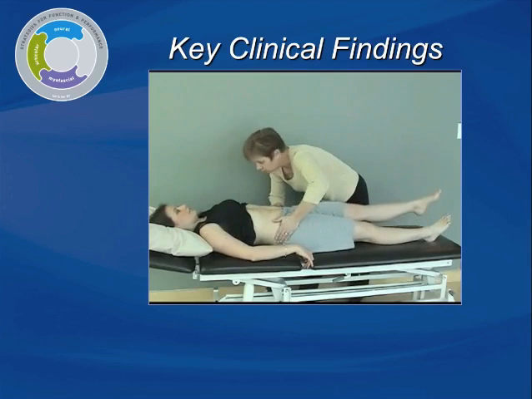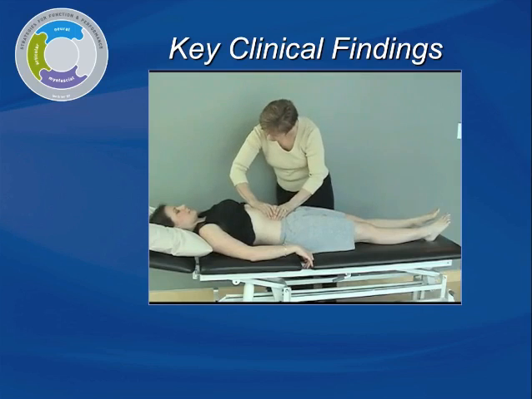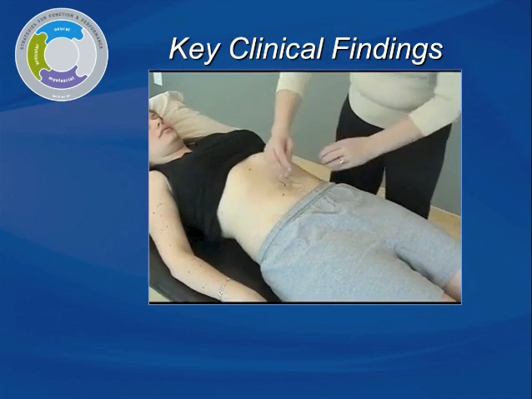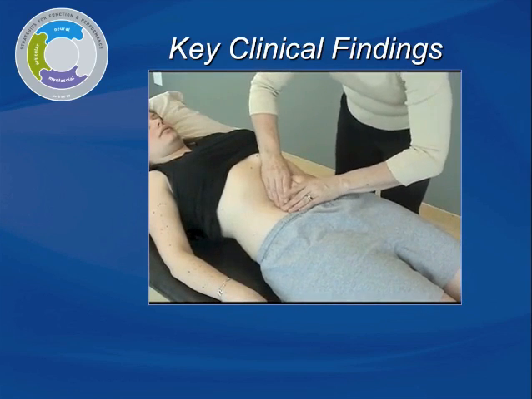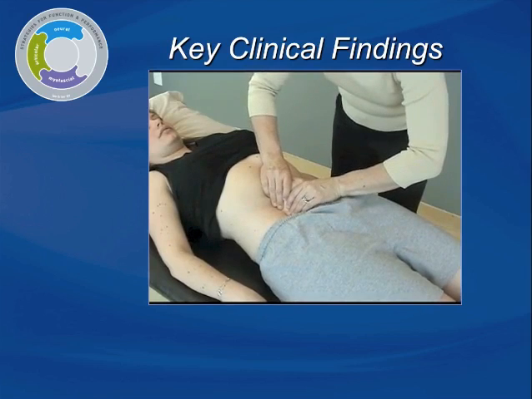In other words, her pelvis was not the primary driver. What reduced the effort for Christy to lift her leg was when the left and right rectus abdominis were approximated together, suggesting that the abdominal wall impairment was in fact driving her failure to transfer load through her pelvis in this task.